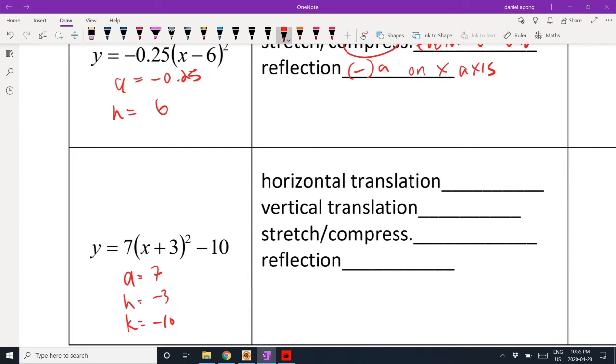So what does this mean? We'll start with horizontal translation. The horizontal translation is going to be 3 units left. Then our vertical translation is 10 units down.